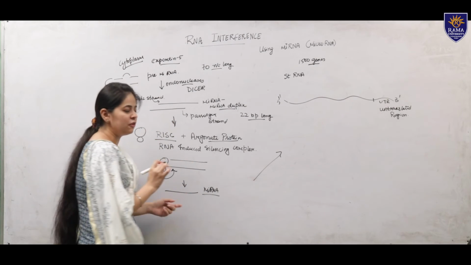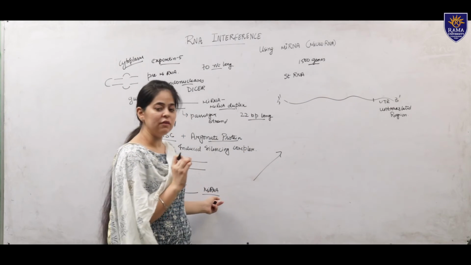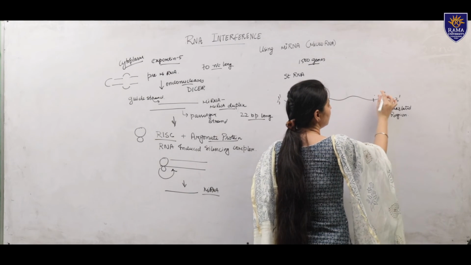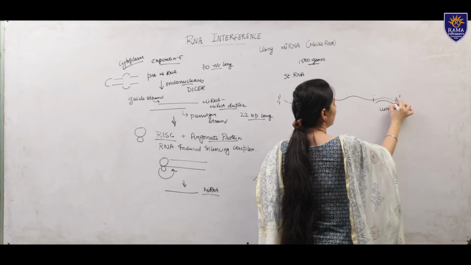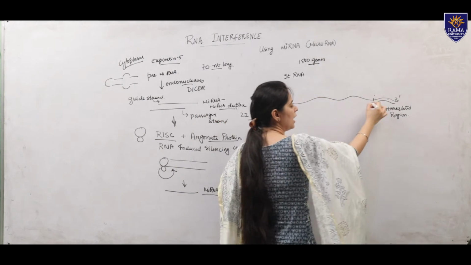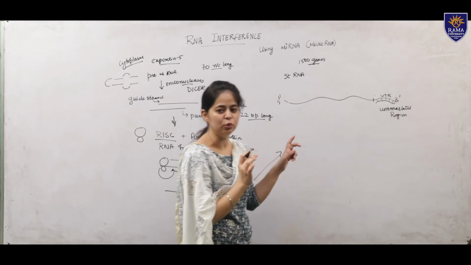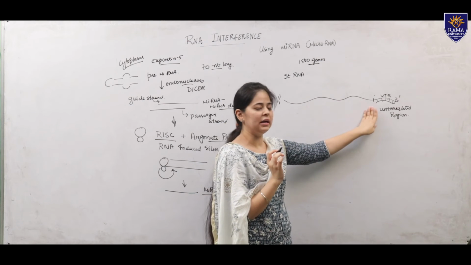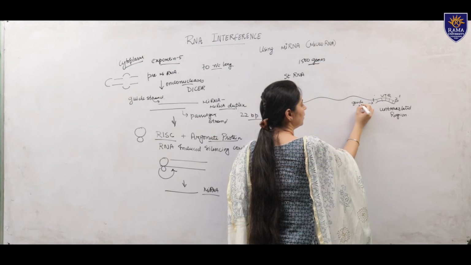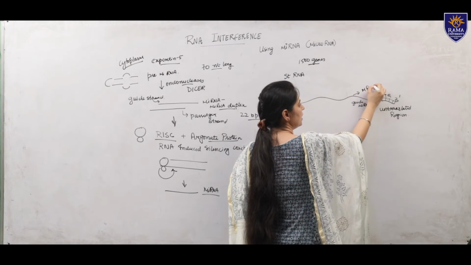If the signal comes that this mRNA needs to be degraded, this miRNA will be produced and will go and bind to the untranslated region of the mRNA which is to be silenced, and it forms a complementary strand to it. So after this attachment, this is my guide miRNA, and this is my mRNA which is to be silenced.